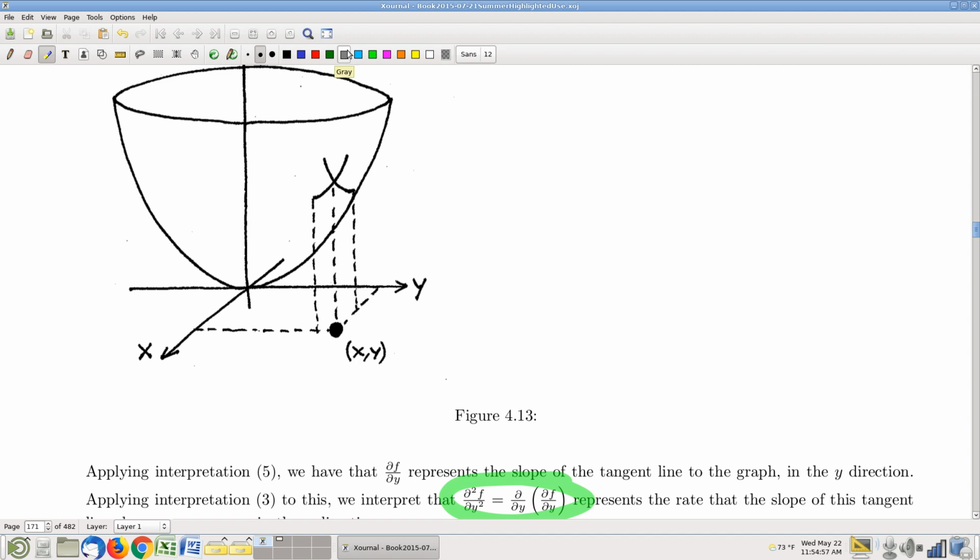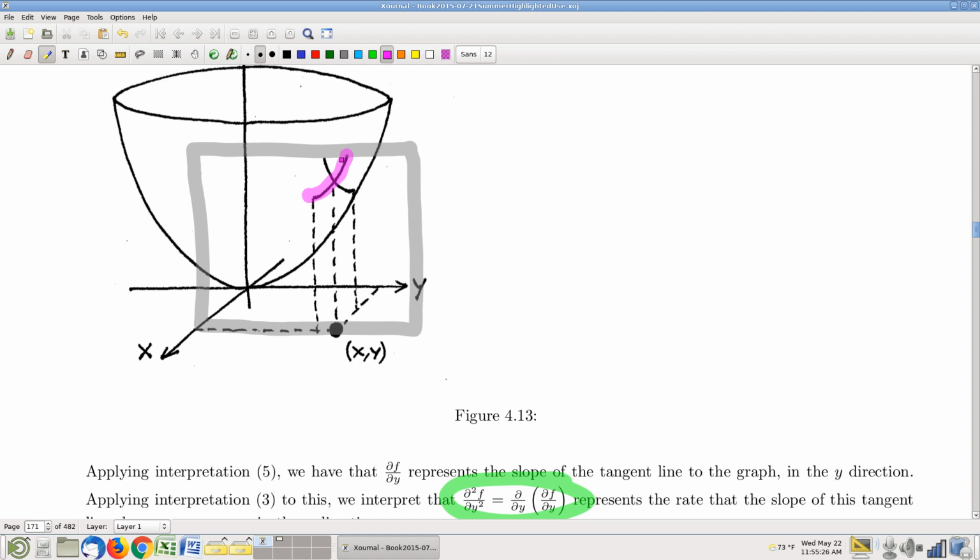X is now constant for the purposes of that first partial with respect to y. And when I fix x, I'm effectively taking a cross section. I'm looking at that little bit of curve right there. It's a cross section perpendicular to the x-axis. You might say it's a cross section in the direction of the y-axis.